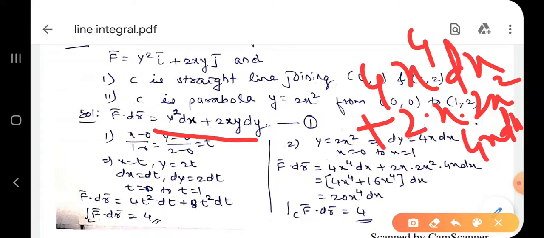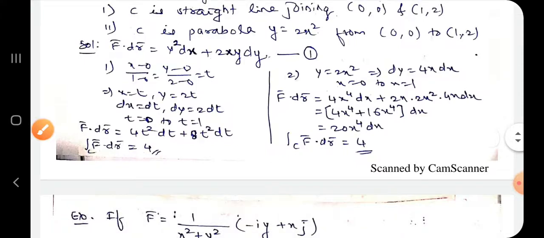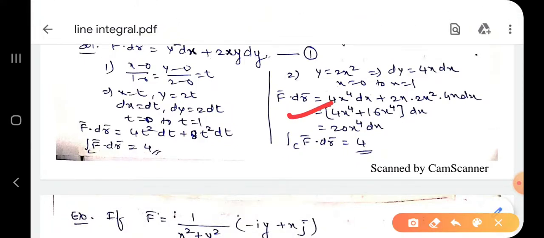Understood this? So the whole term we get in terms of x. So do the calculation, you will get 4x raised to 4 plus 16x raised to 4 means 20x raised to 4, and integration of x raised to 4 is x raised to 5 upon 5, limit is 0 to 1. So in this case also I get the answer 4.